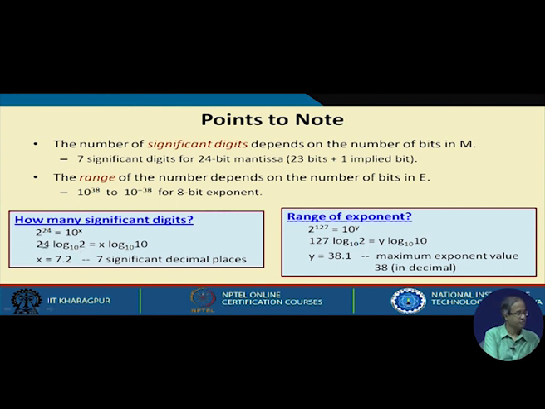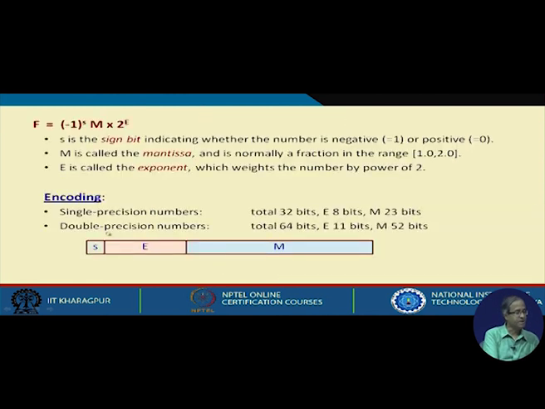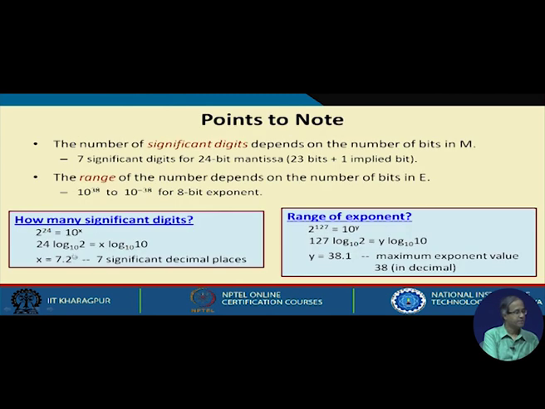So, if you multiply this log 10 2 with 24, x becomes about 7.2, which means in decimal you can have 7 significant digits. But if you think of a double precision number, where for the mantissa you have 52 bits, so 52 plus 1, this will be 53. 53 multiplied by log 2, so it will be much larger, about 15 or 16 digits you will have for significant digits.